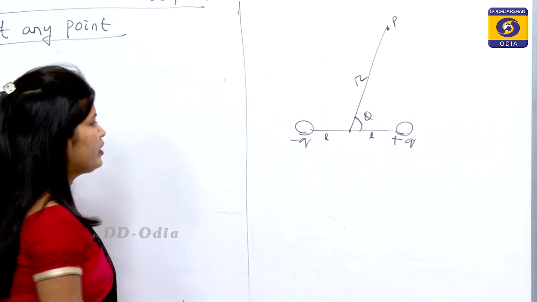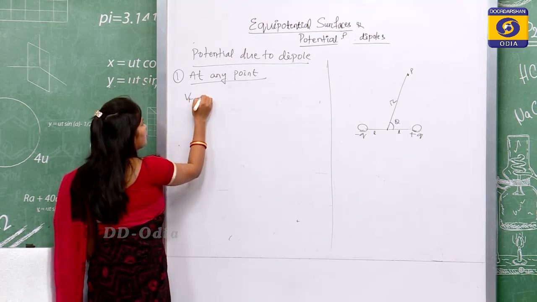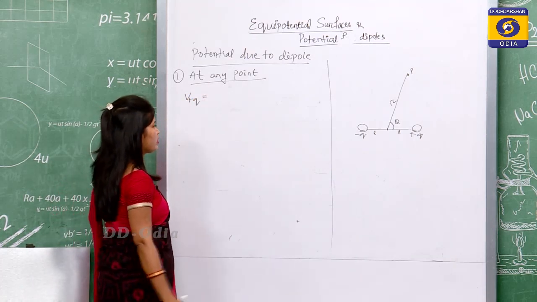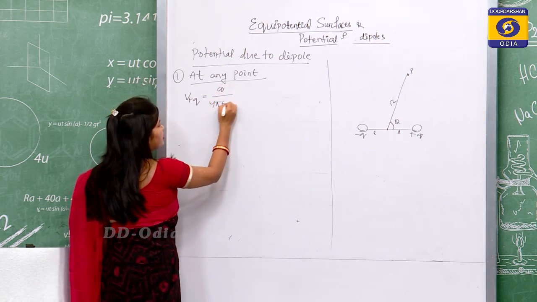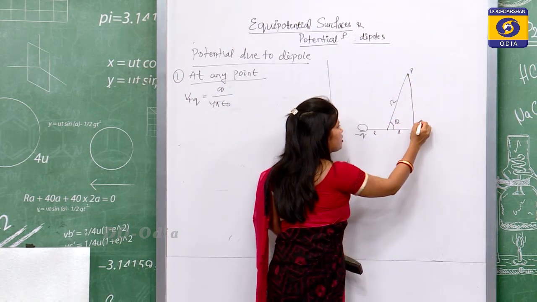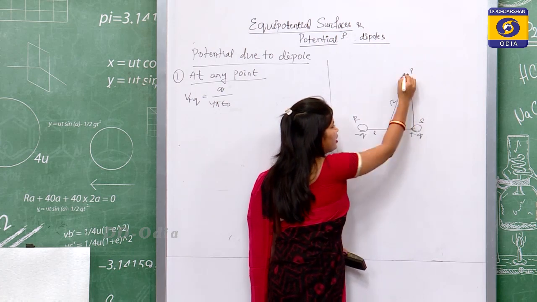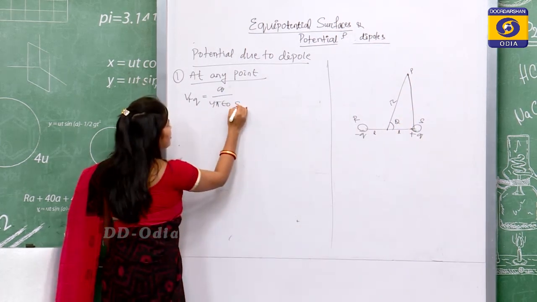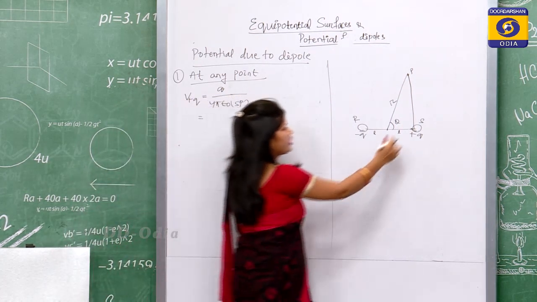Now, I will find the potential due to plus q, which is q upon 4 pi epsilon naught times this distance. Suppose this is S, this is R. So, this is the SP distance.